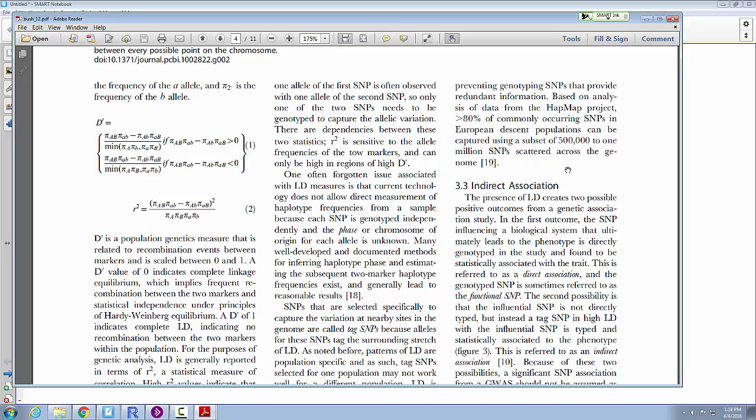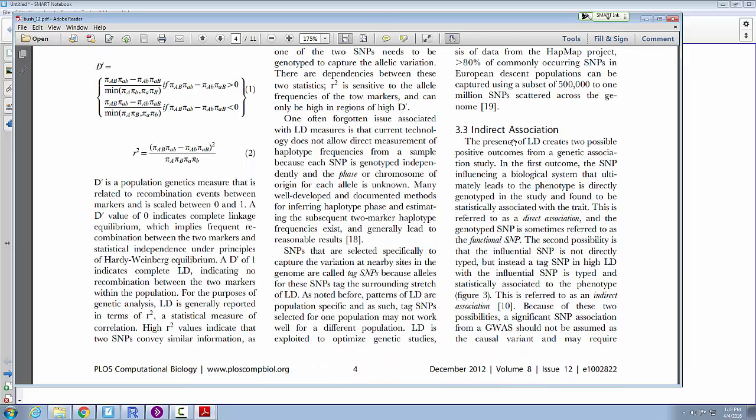There's many more than 500,000 to 1 million. I don't remember how many there are. Anybody know? Humans? Okay. There's lots. So the HapMap Project said, using this linkage disequilibrium idea, we can focus on a relatively reasonable subset of them.